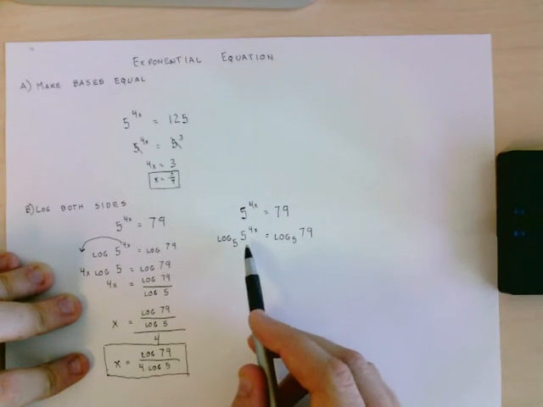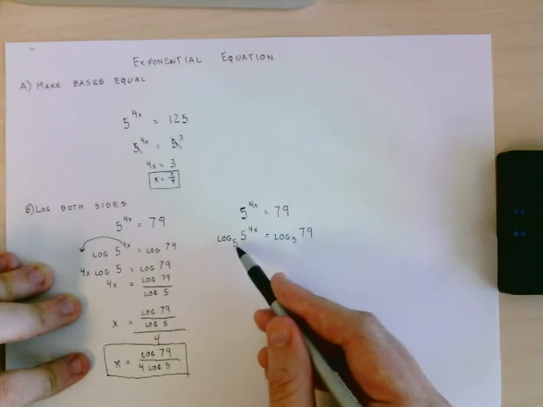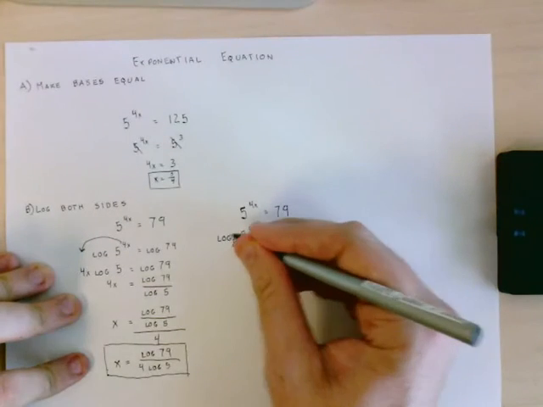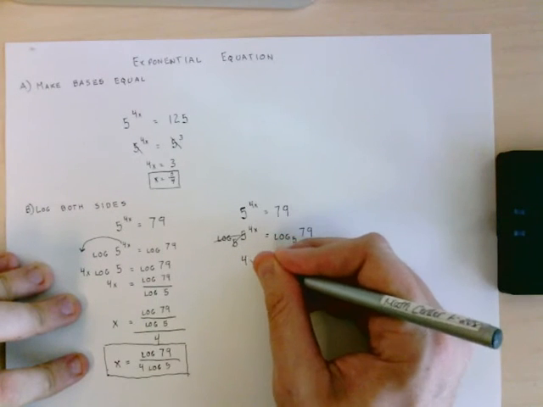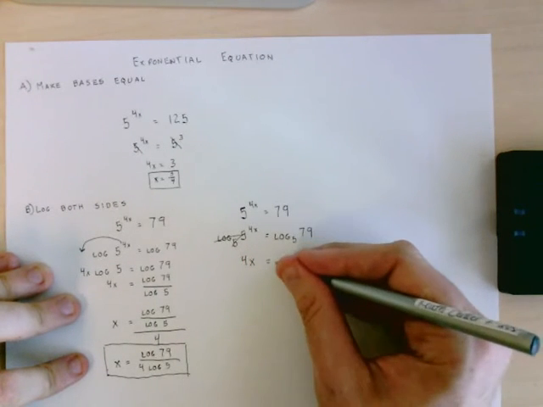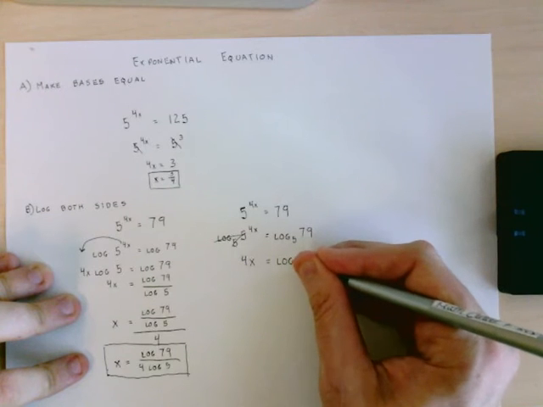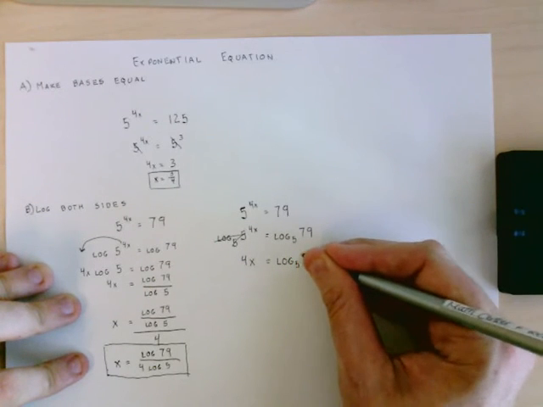So obviously that's 4x. If these two numbers are the same, you can just get rid of them. Get rid of all of this. So we end up with 4x equals log base 5 of 79.